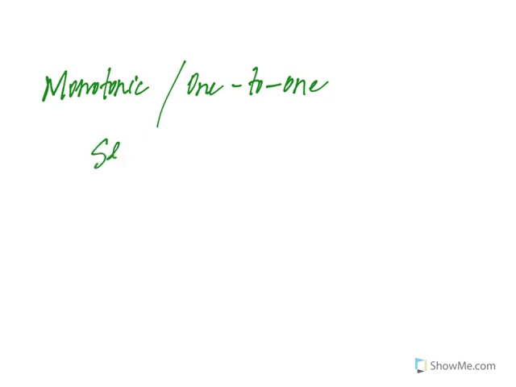All right, the last term that we need to talk about are monotonic, also known as 1-to-1 sequences. And that is, if you recall from chapter, I believe it was chapter 3, we talked about monotonic or 1-to-1 functions. That is, functions that were always increasing or always decreasing functions.